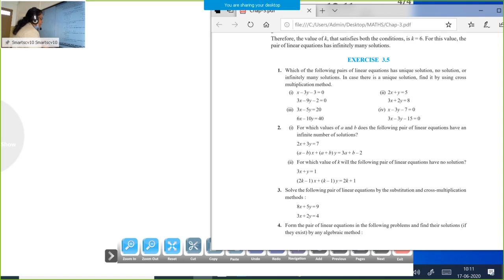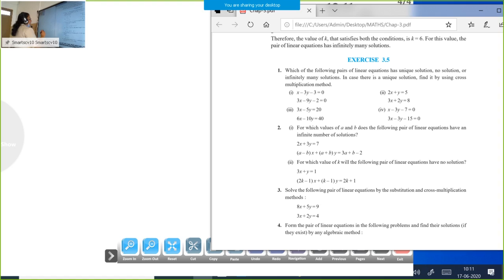We know that a pair of linear equations has no solution means a1 by a2 is equal to b1 by b2 not equal to c1 by c2. No solution means the lines are parallel.